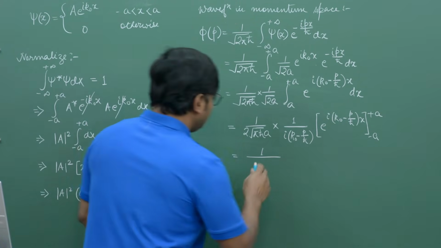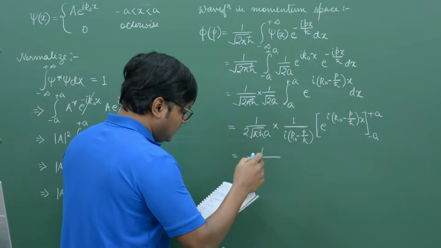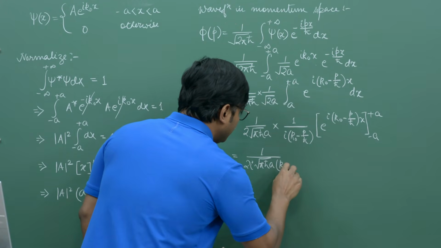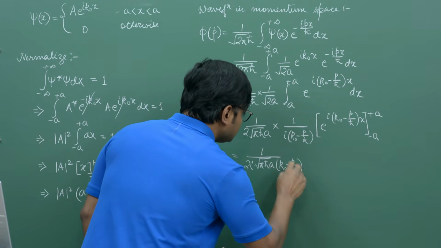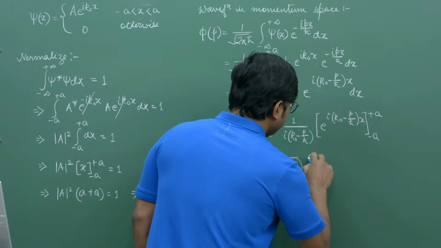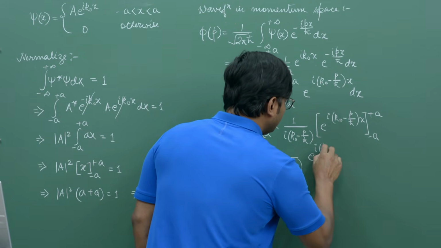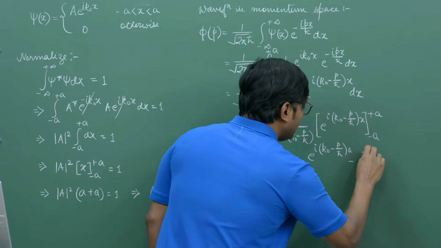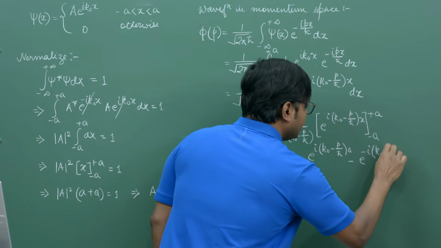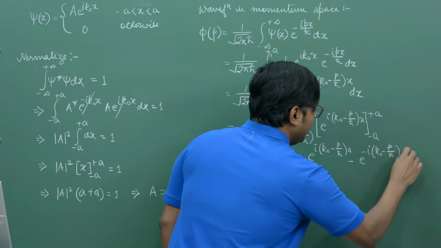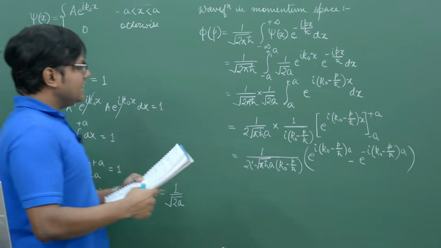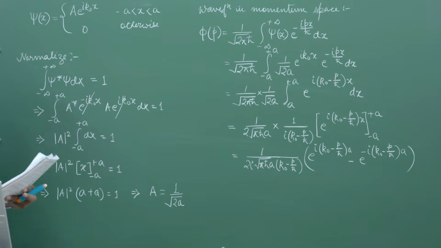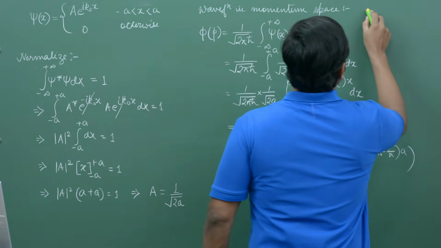This becomes 1 upon 2 iota pi h cross a, k0 minus p upon h cross, and here I have e to the power iota k0 minus p upon h cross a minus e to the power minus iota k0 minus p upon h cross a. All right, so here I can simplify this entire expression by using an identity. What is that identity that we can use?